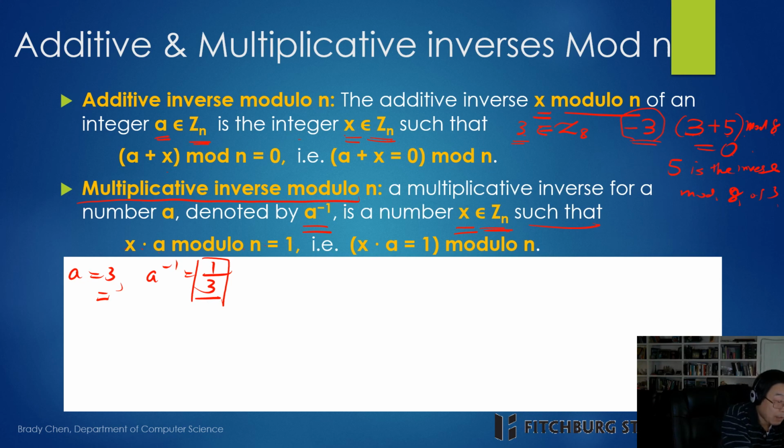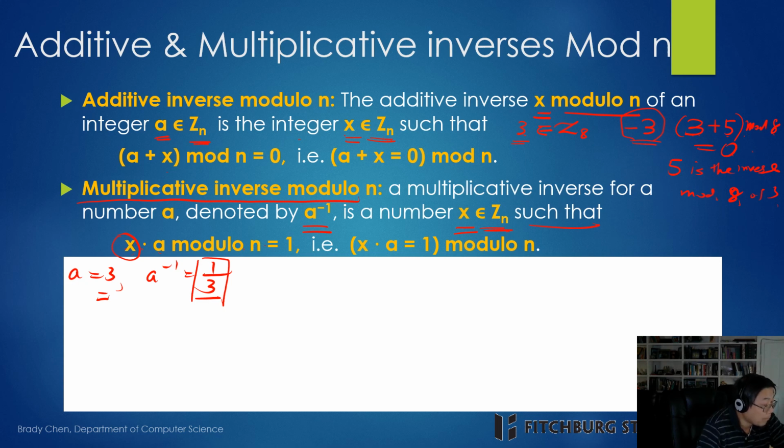So x should also be an element in Zn, which is a set of integers from 0 to n minus 1. So the inverse of a is not a fractional number, it's also an integer. That's completely different from the multiplicative inverse in the regular sense.